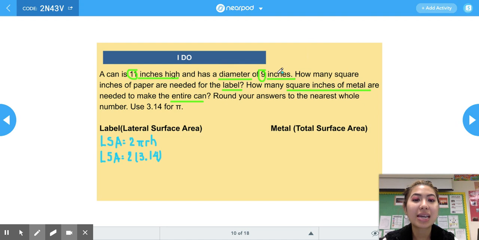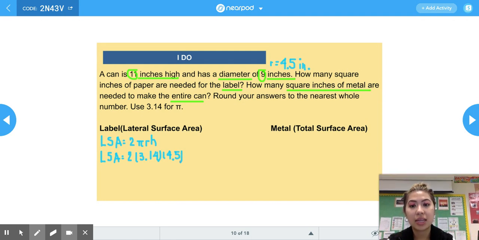So if our diameter is 9 inches, our radius is going to be half of 9, which is 4.5 inches. So our radius is 4.5. And then the height of the can is 11.